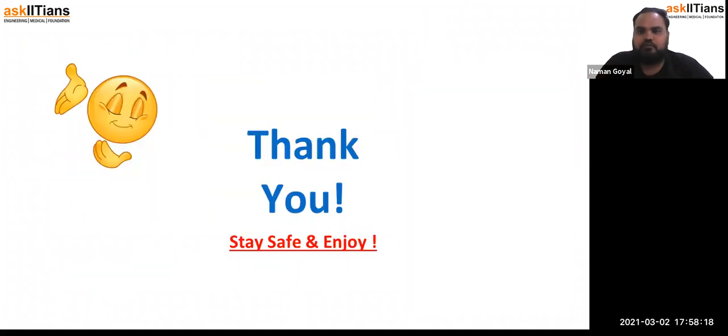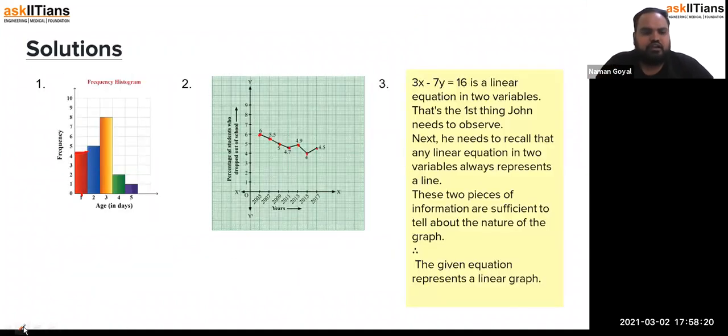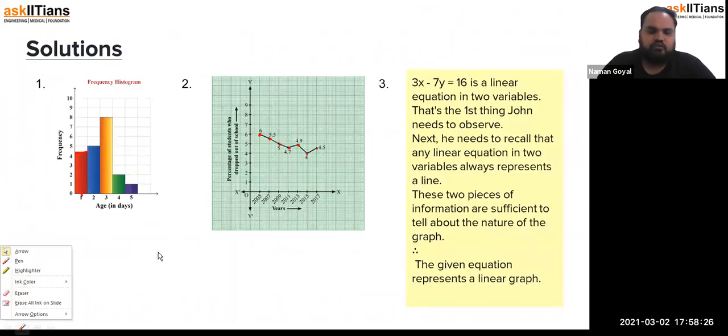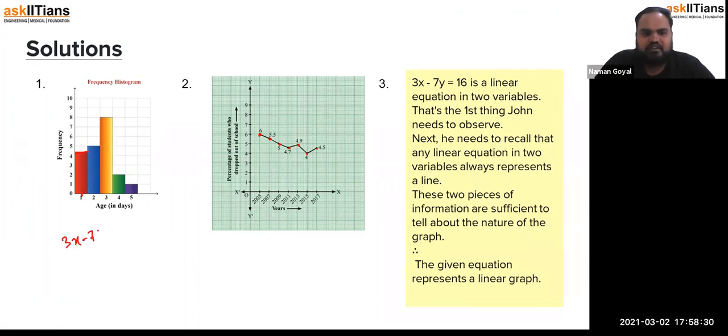If you see, first of all, we don't have space here, so we are going to do it on the next page. The equation we have for this is 3x minus 7y equals 16. As you know, this equation is in the form ax plus by plus c equals 0.